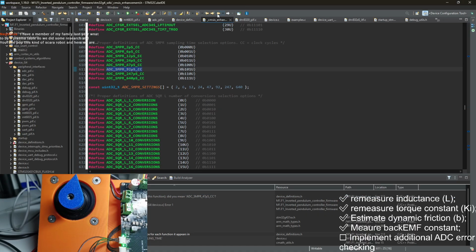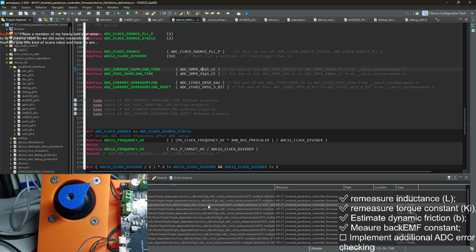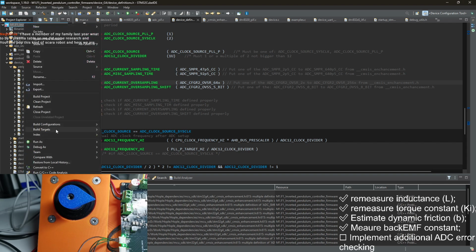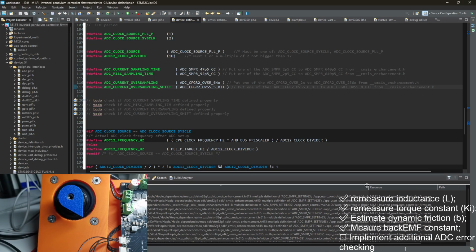Only 47 exists. Okay. Sure. That's correct. And it still doesn't want to build, right? Multiple definitions. Let me actually rebuild the index. Okay. And build again. Nope. Multiple definitions of ADC and settings. Okay, so we have double includes somewhere.